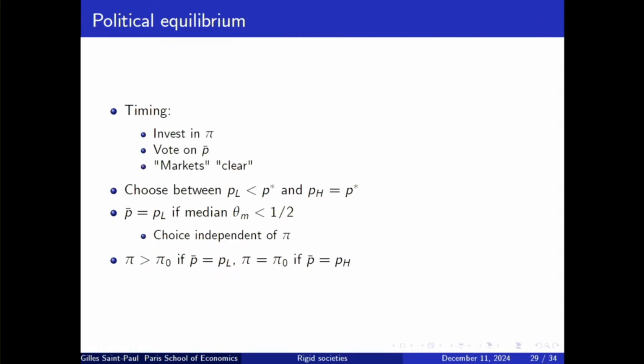So basically, if the median voter is poorer than the mean, which is often the case, then theta m is less than 1/2. So the decisive voter would vote for rigidity. And then anticipating this, everybody will invest more in their social network in order to get better access to the rationing process.